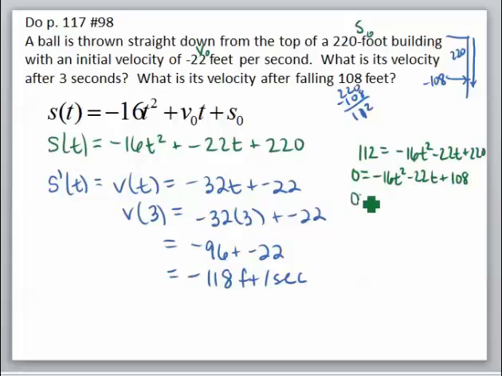Now this is factorable. I will factor this by taking out a negative 2. That gives me 8t squared plus 11t minus 54. I'm going to take the guesswork out of the factoring and do it for you.